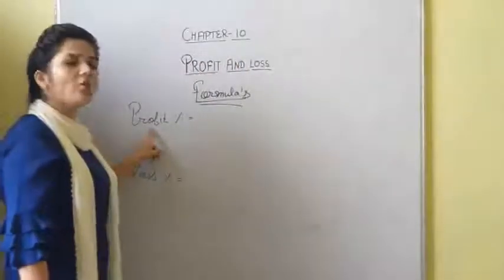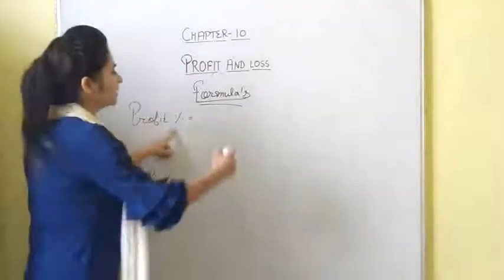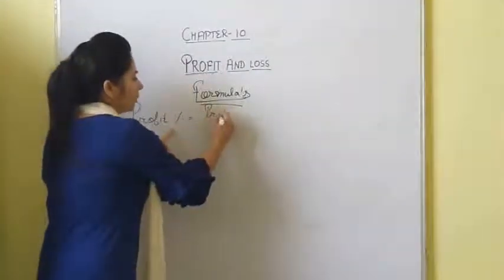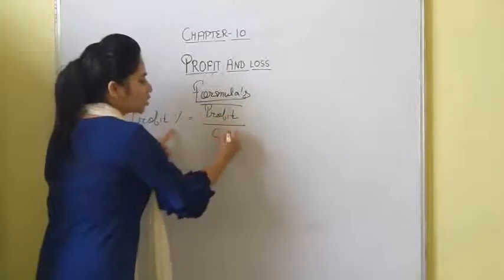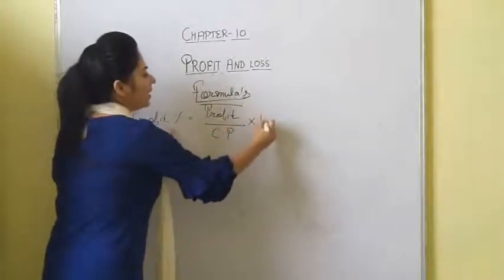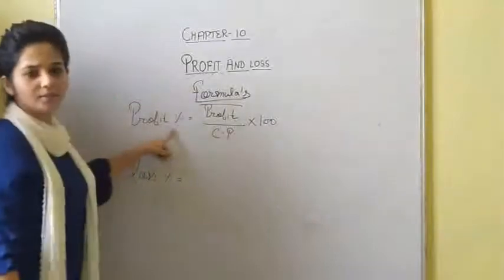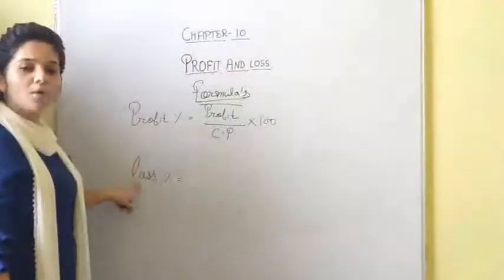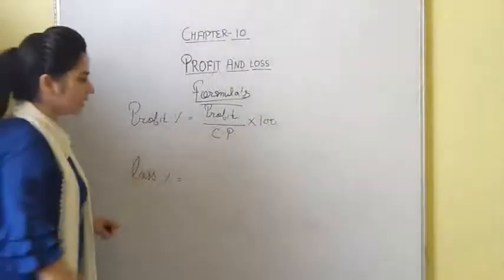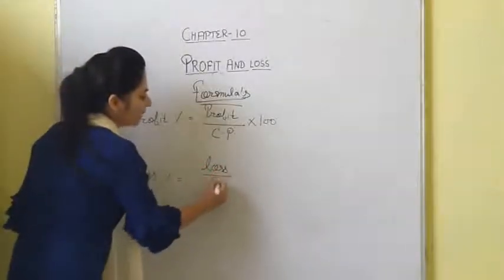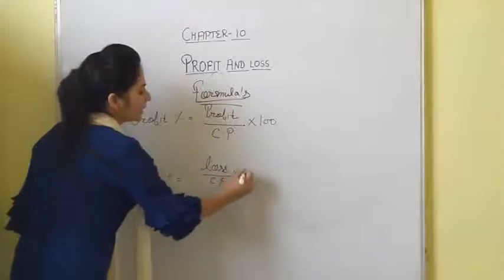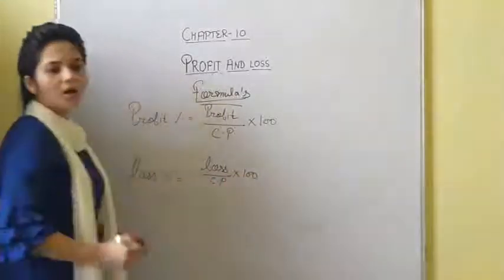So formula of profit percent is profit divided by cost price multiplied 100. Formula of loss percent is loss divided by CP multiplied 100.